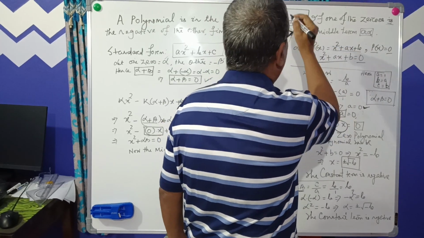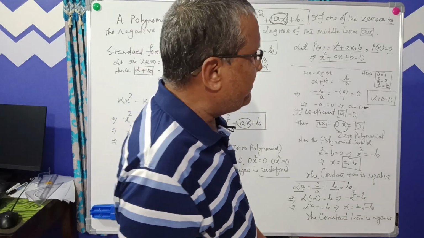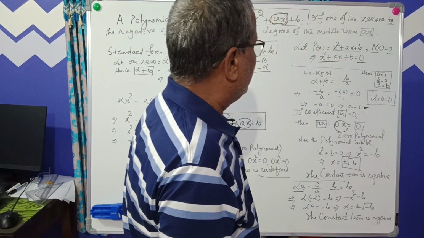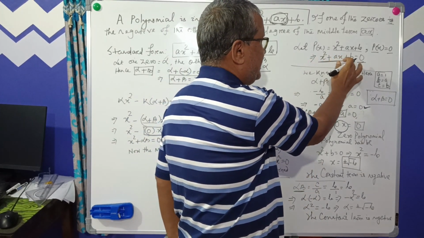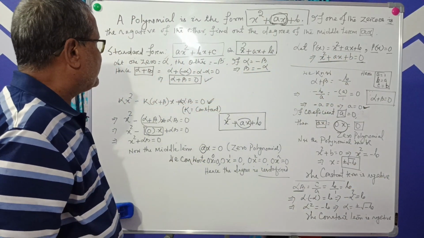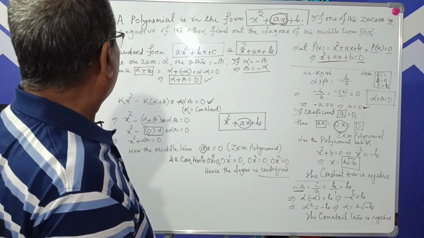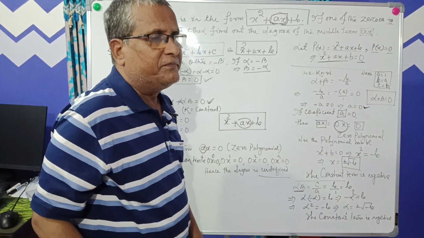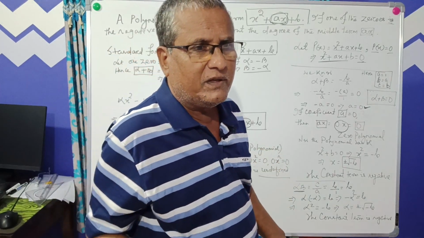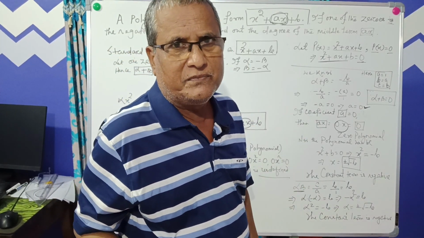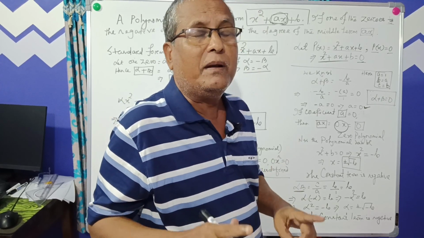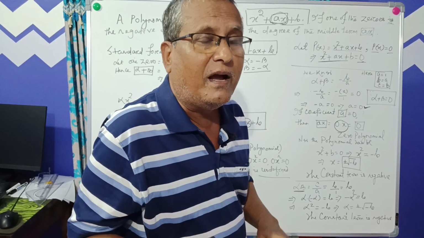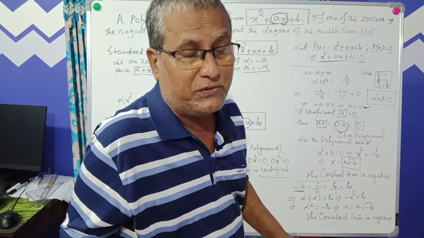That the question has already given. And if p(x) is equal to 0, then x square plus ax plus b is equal to 0. But as per our question, one of the zeros, so you know, a quadratic polynomial may have two zeros, may have only one zero, or may not have any zero.